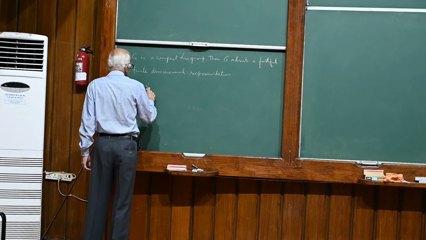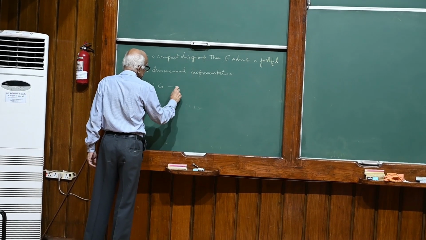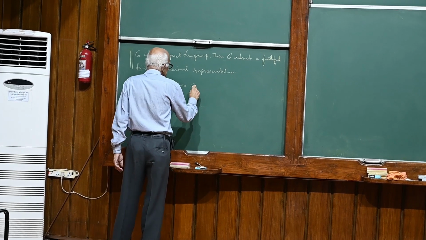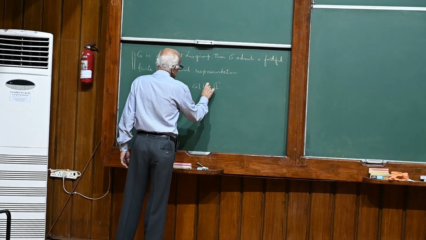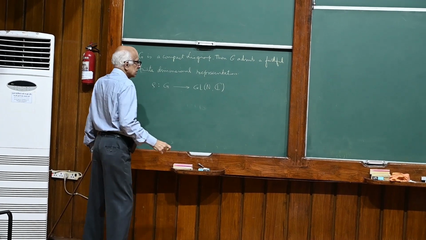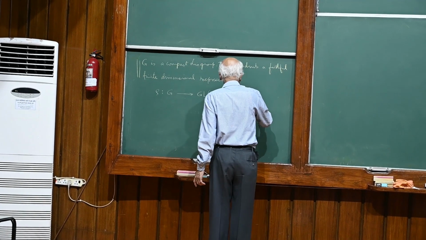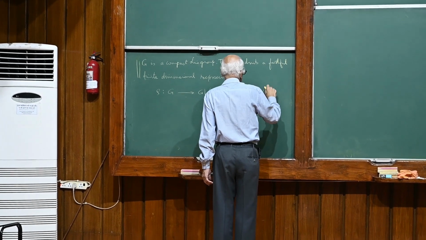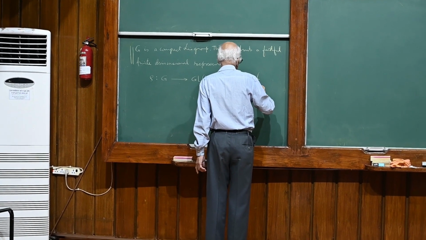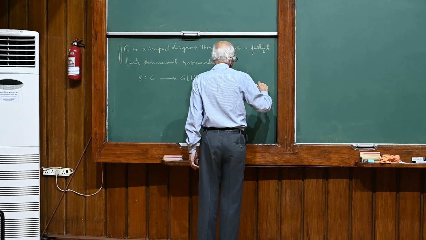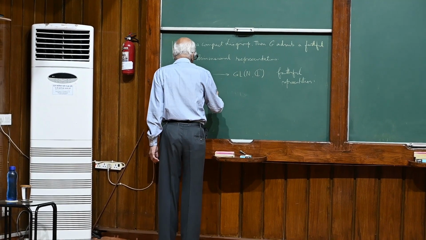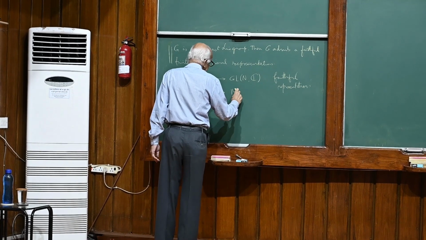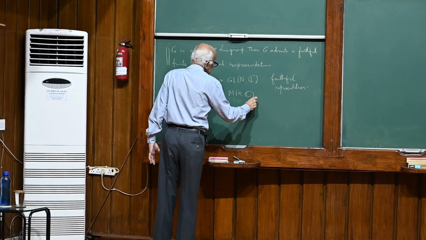So this is a fact which I mentioned early on, and one consequence of this fact is the following. Fix a faithful representation rho from G to GL_n(C) for some n. This of course induces a homomorphism of G into M_n(C).